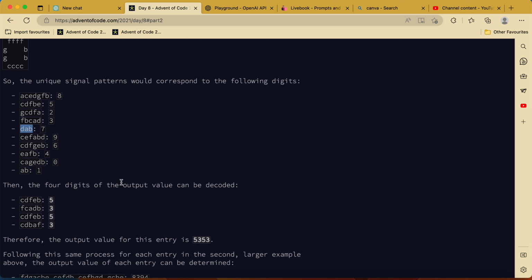Then the 4 digit output values can be decoded as this one, and the 3 can be like this one.